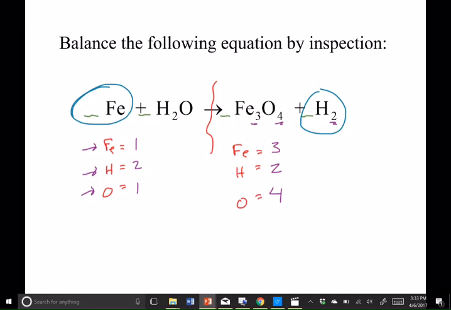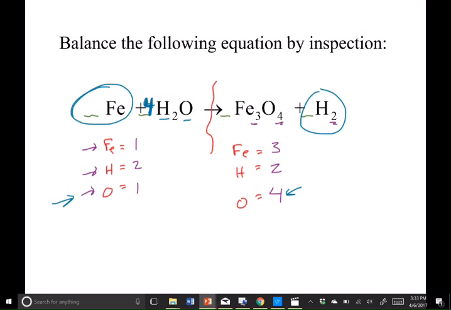Let's fix my oxygens. I've got 4 over here. How do I get 4 oxygens over here? Well, I can get 4 oxygens if I put a number 4 in front of the H2O. Now, anytime you change your stoichiometric coefficient, you have to update everything that was affected.